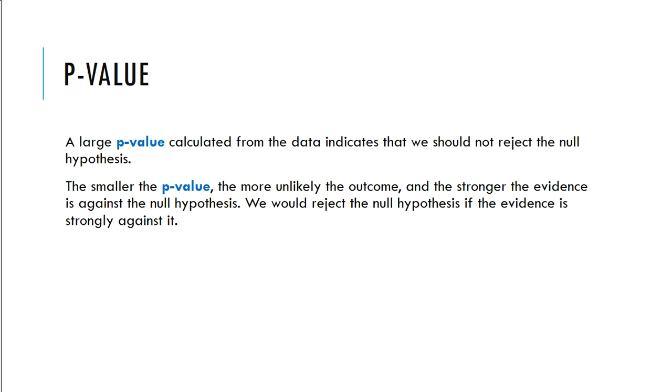The smaller the p-value, the more unlikely the outcome and the stronger the evidence against the null hypothesis. We would reject the null hypothesis if the evidence is strongly against it. Like I said, with a smaller p-value, there's more evidence telling you that the null is not good.